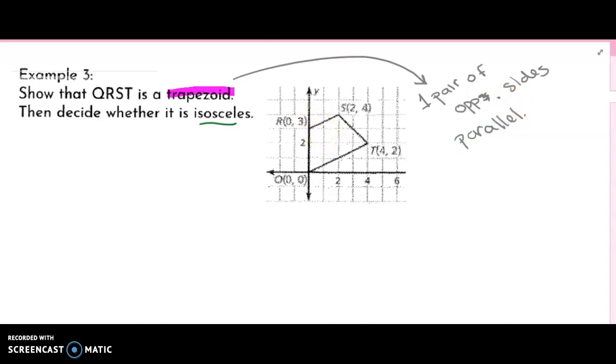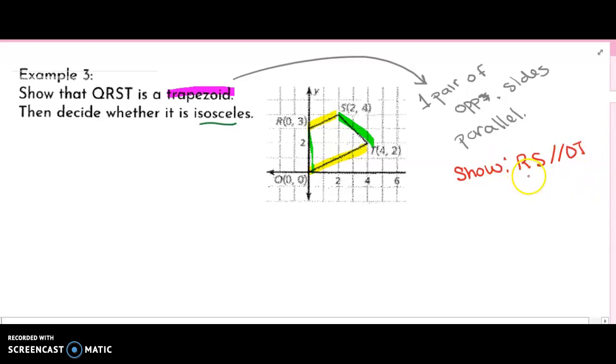Now, if I look at this, I know that this side here and this side here can't be parallel because this one's going straight up and down and this one's moving left. Okay, so those can't be parallel. So my 2 parallel sides would have to be this one and this one. Okay, so I need to show that RS is parallel to QT.